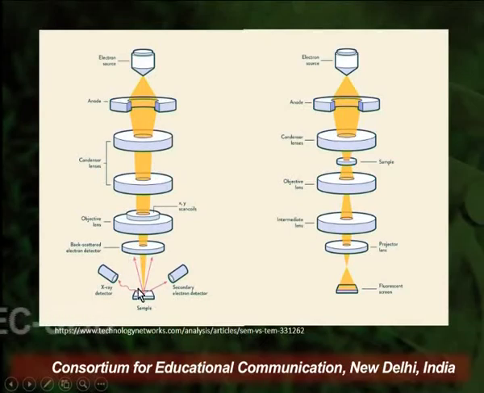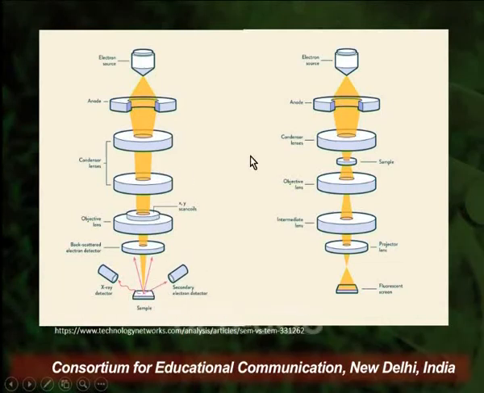Now these electron beams are reflected as per the contortions or the profile of the surface of the object which is placed here, and these deflected or reflected electron beams are detected with the help of some sensory instruments, and these sensory instruments then perceive and create a computer generated image of the surface.